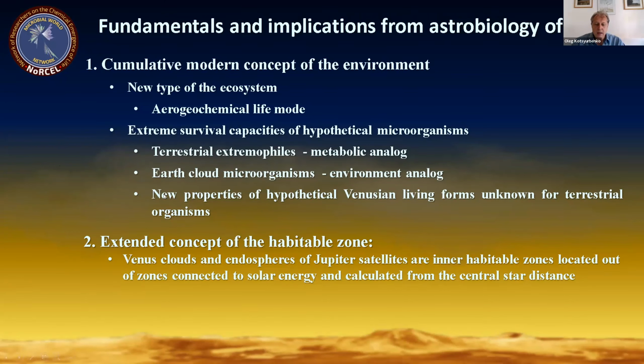So we can now say about the extended area of habitability, not only connected to solar energy, not only calculated from the distance of the central star, but probably we can apply some other points in order to define such kind of habitable zones in the solar system and beyond.